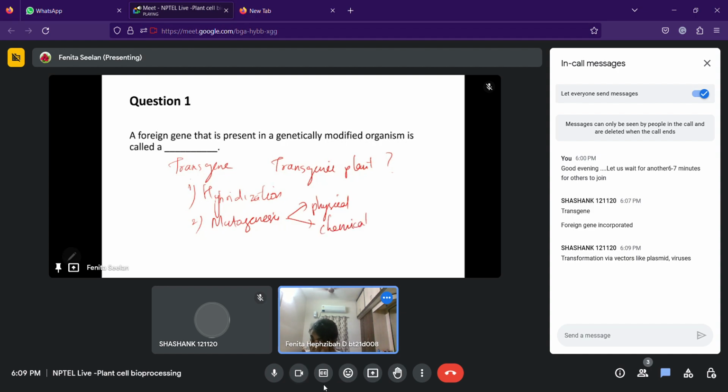What else can you do? You can do somatic hybridization, and also hairy root culture, so we can write plant tissue culture using hairy roots.